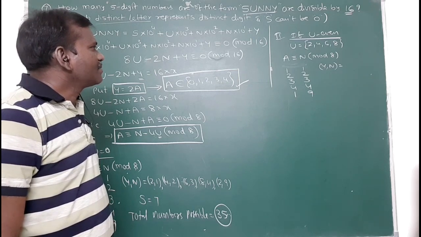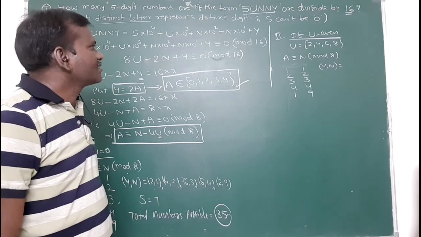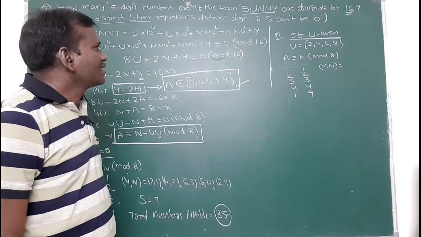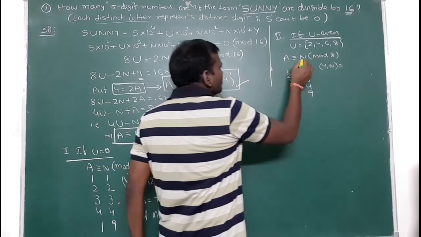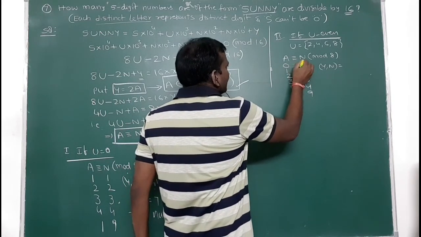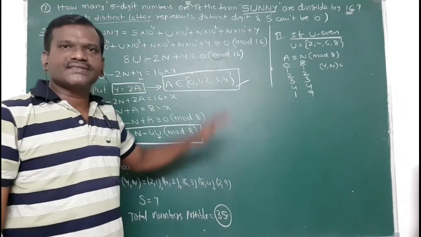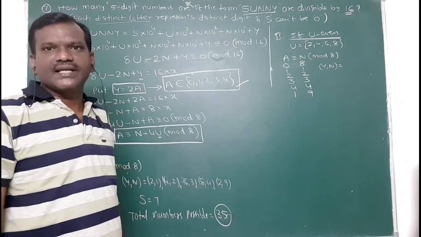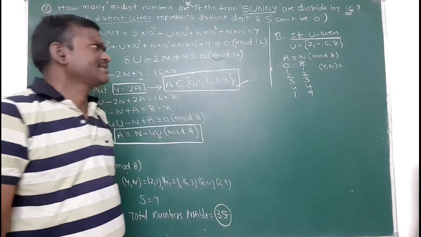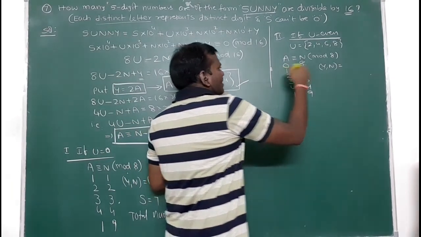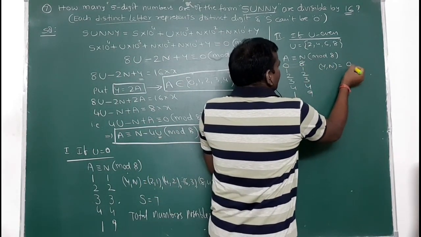Then 2, another possibility. If it is 0, then 8 is also possible here. 8 divided by 8, remainder is 0. So 0, 8 is also one possibility. 0 and 8 are distinct, so the y value is 0 and 8.